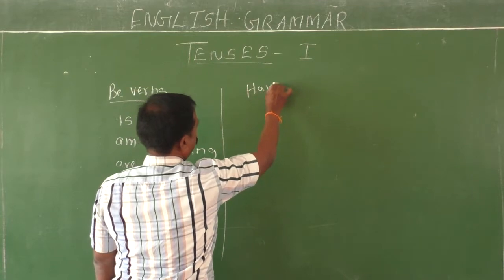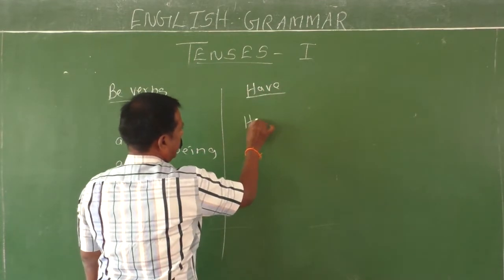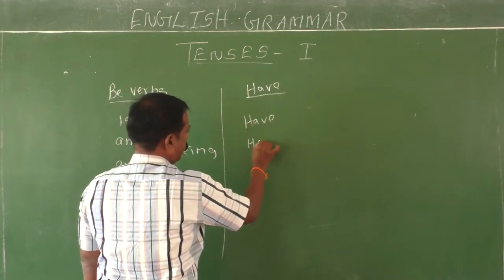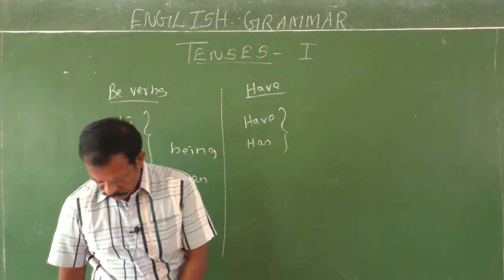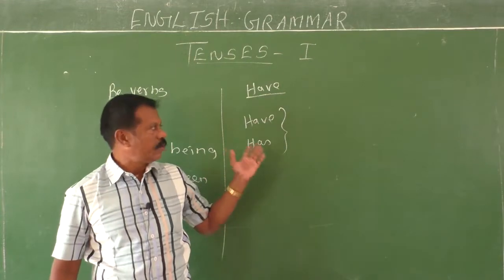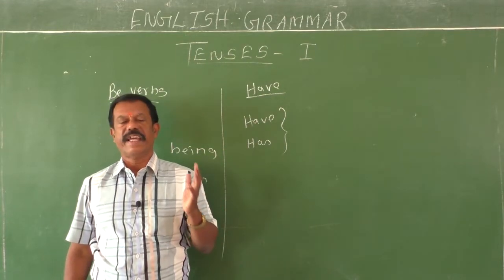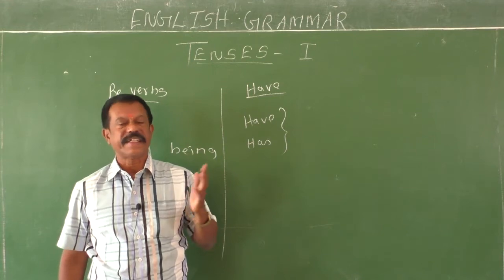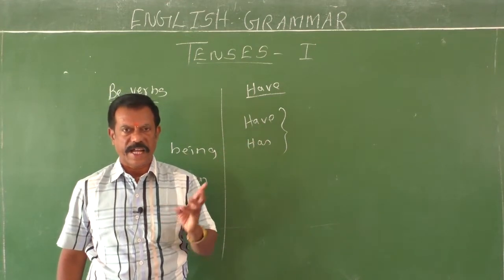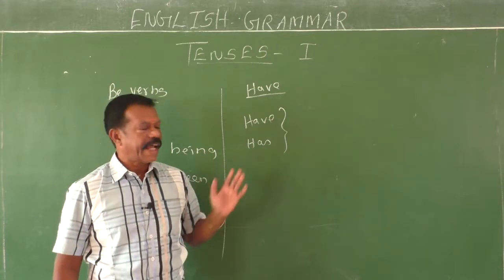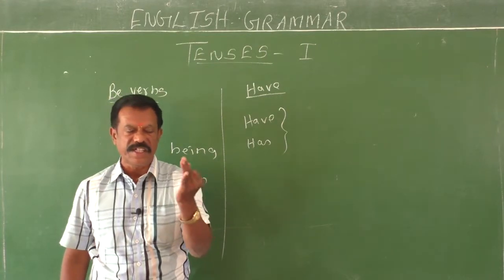have verbs. Have verbs, have and has. Both refer to present state. Though they are perfect verbs, if they are used as a main verb in a sentence, they refer to the tense form. Present tense, have and has. Have is used for plural subjects, I, we, you and they, and has is used for singular subjects, he, she, it.